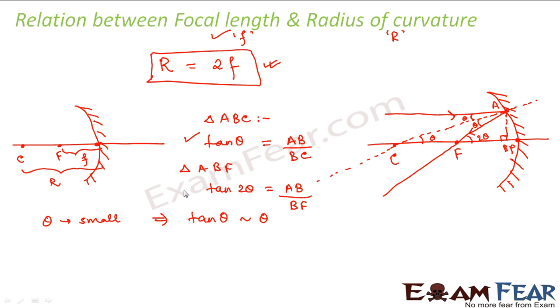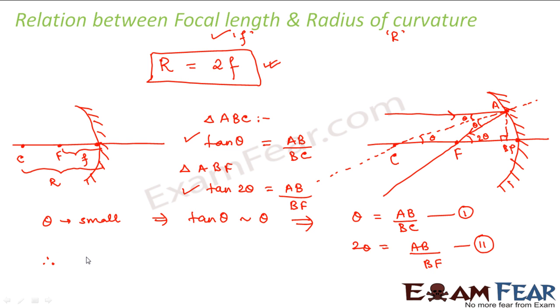Using that, these two expressions will become theta is equal to AB by BC. That will become my first equation, and 2 theta is equal to AB by BF. This will become my second equation, right? From these two equations, AB is equal to theta into BC, and AB is equal to 2 theta into BF.